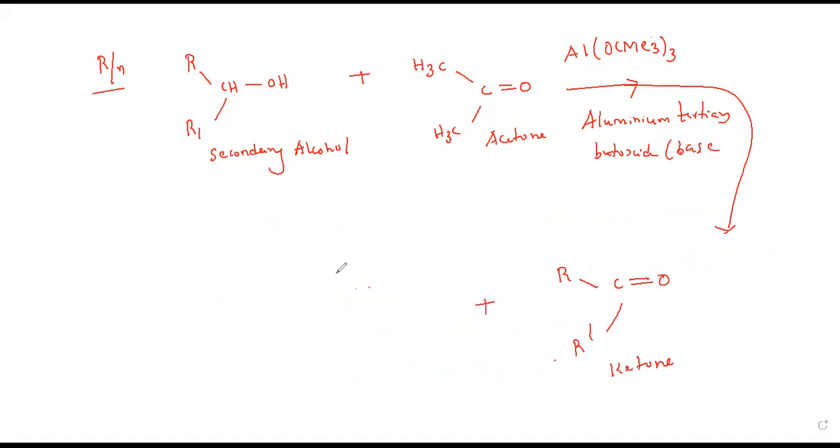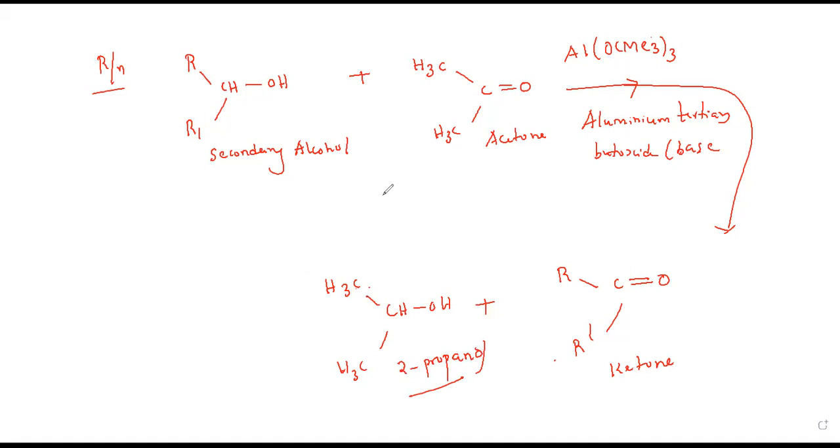plus you are going to get one alcohol derivative also, CH3 CHOH CH3. Usually this is called 2-propanol. This is the byproduct you are going to get in Oppanauer oxidation.